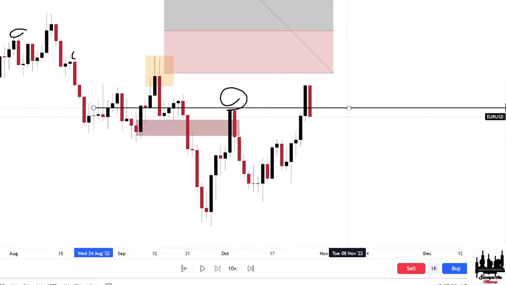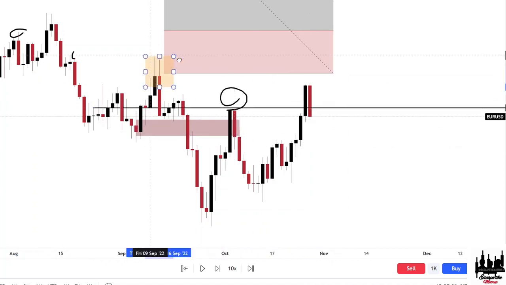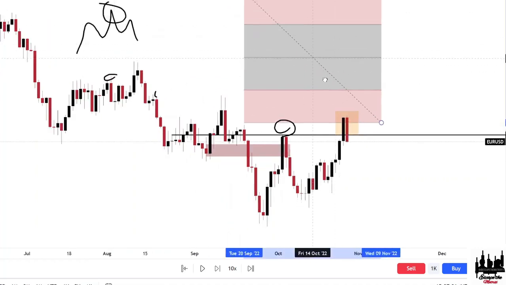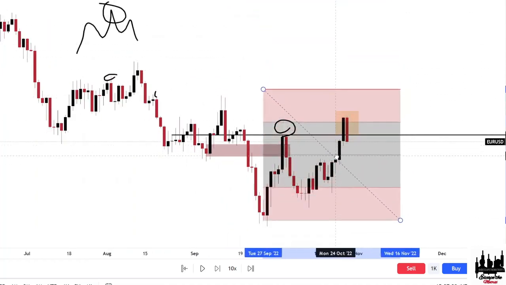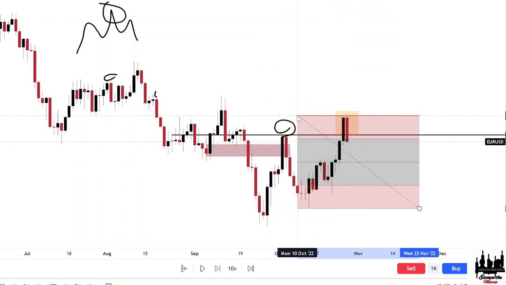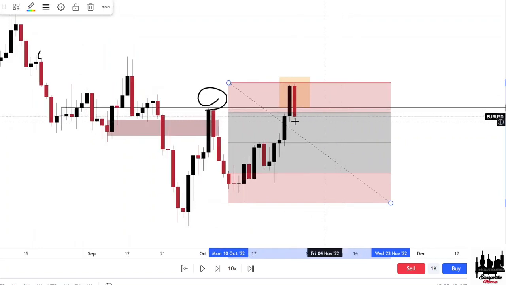Okay, so here this swing was taken. So now we have our purge, and let's find our area. And this is what I mean, guys, by imperfect price action, right? Our danger zone is right here.